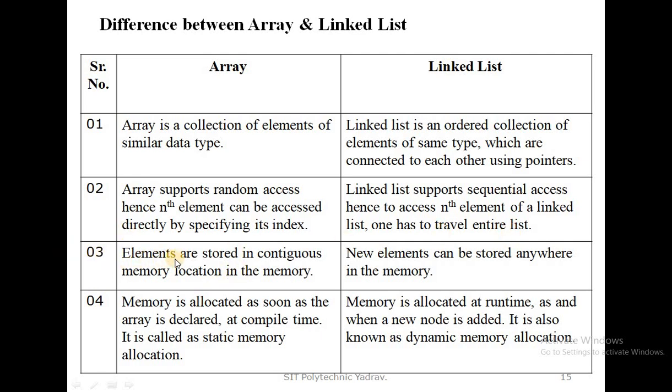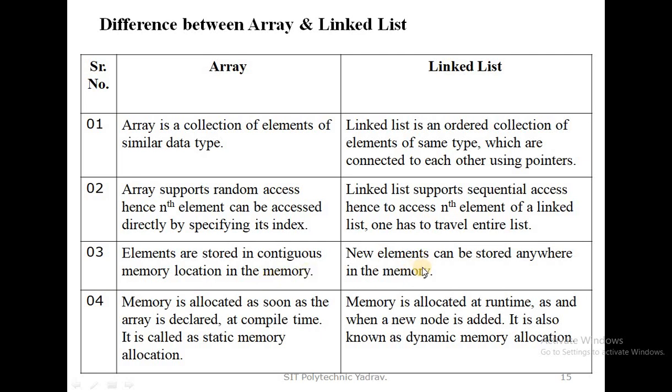Third difference: in an array, elements are stored in continuous memory locations. In a linked list, new elements can be stored anywhere in memory. In an array the elements are stored continuously, so any new element entered is also stored continuously.